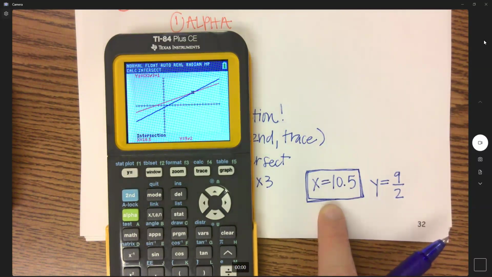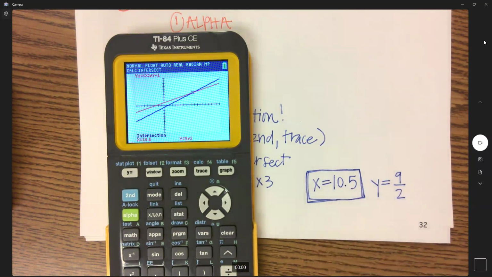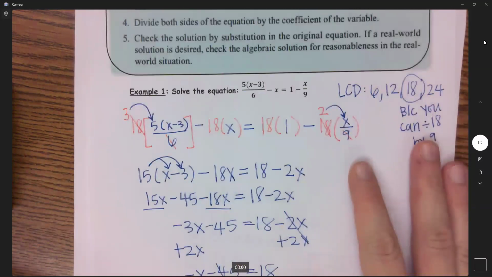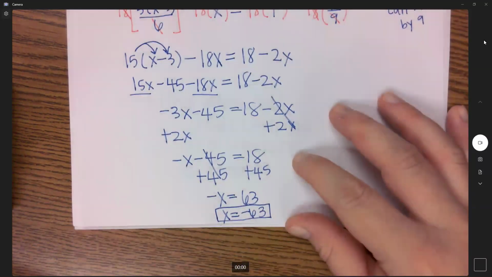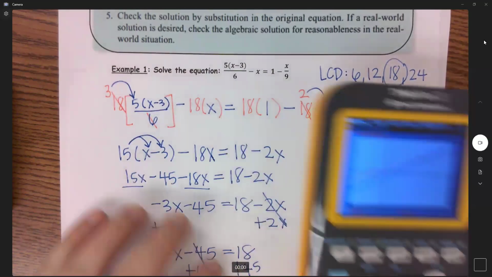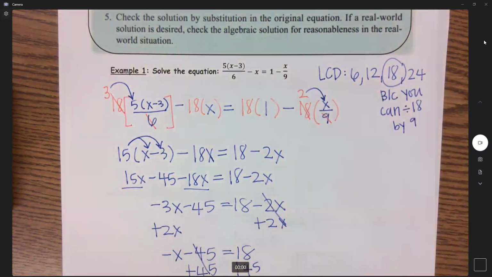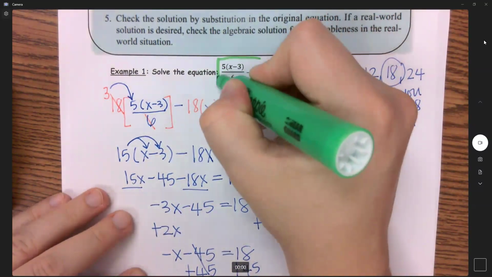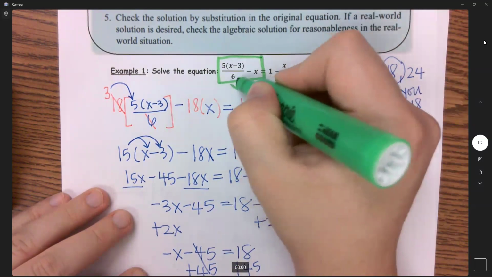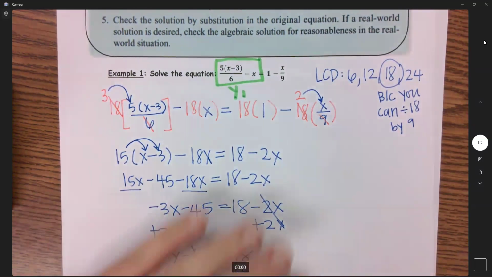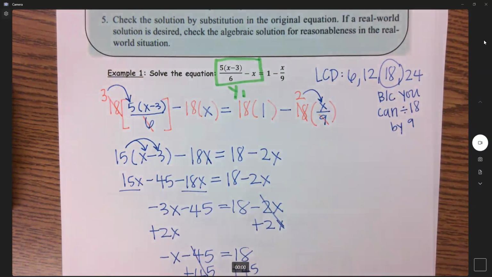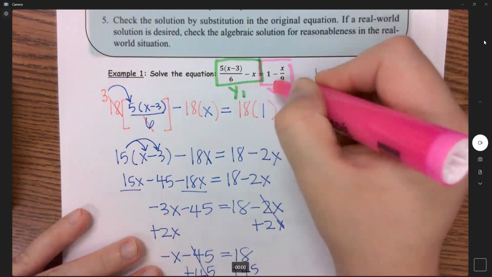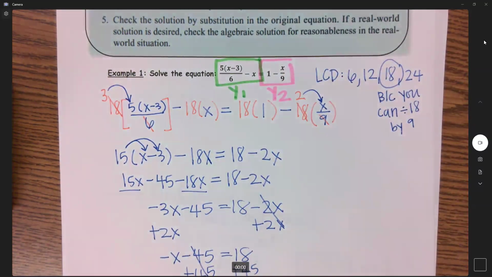Okay, so let's try really quickly to do this on our first example that we did. So instead of using all of this space and doing all of this work, let's try the same method here. So I am going to put this left side as my y1. And let's just change colors. And this right side as my y2.